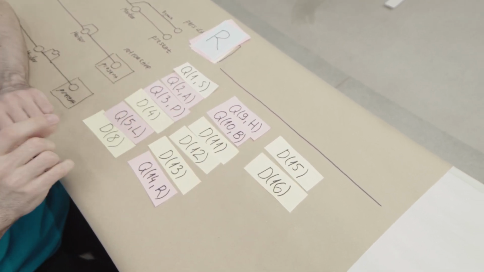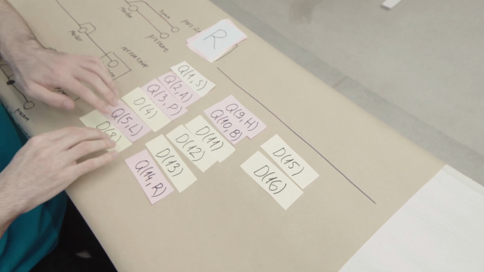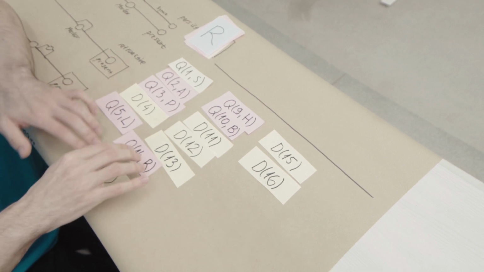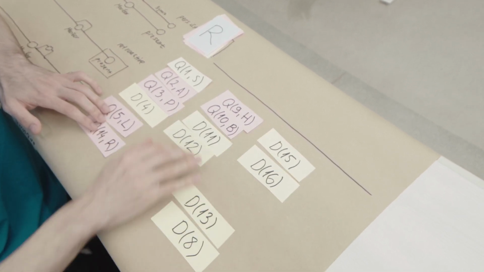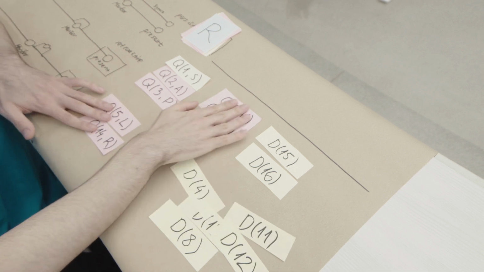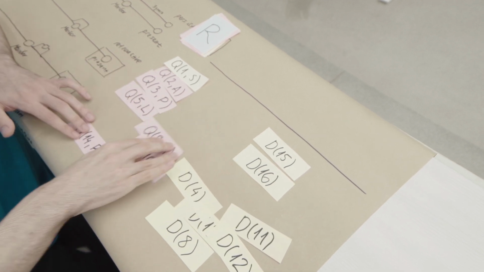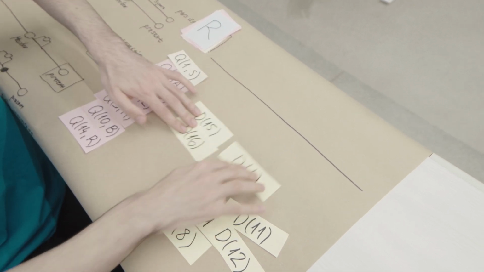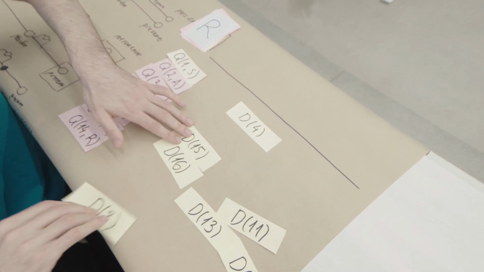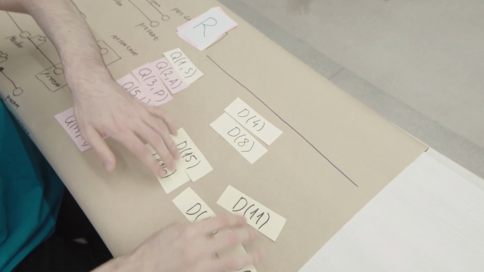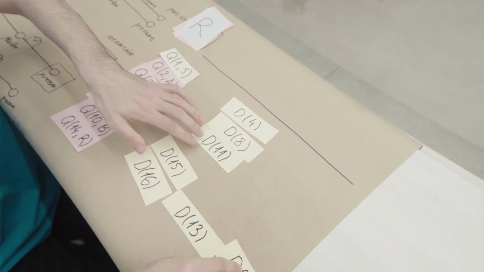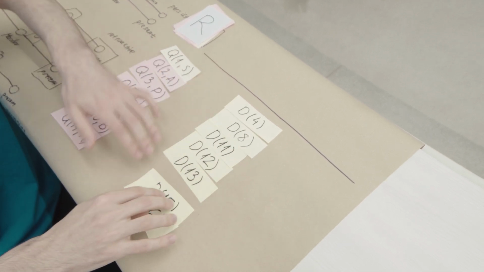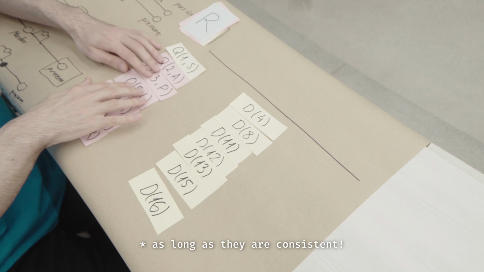We can order the queries in such a way that these queries here are one table and these queries are another table. Can you see why we can do that? If I order them like this, these queries are independent of each other.